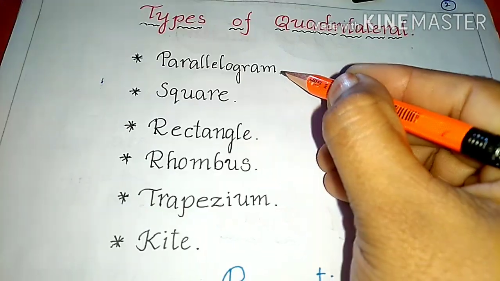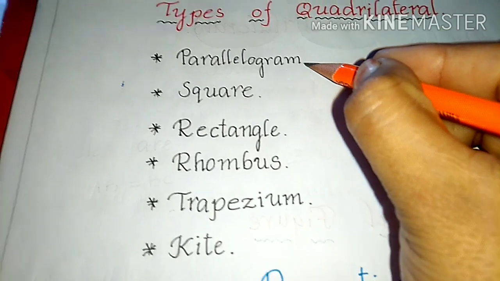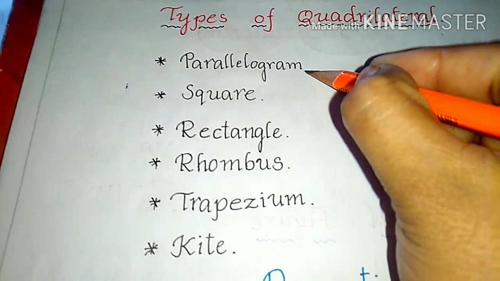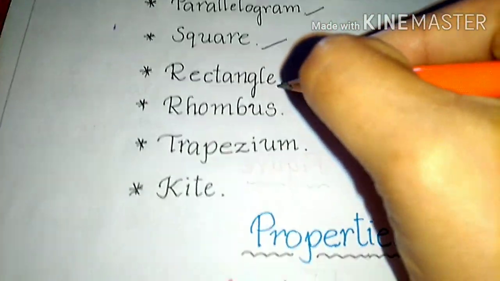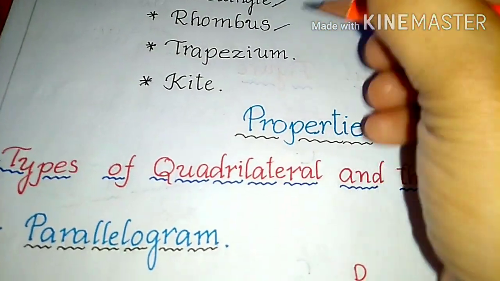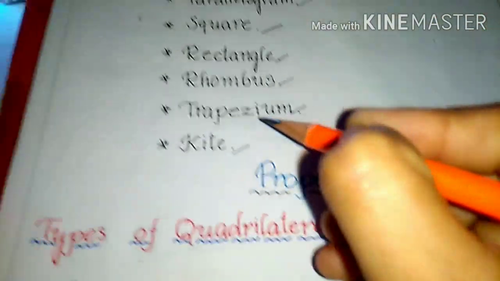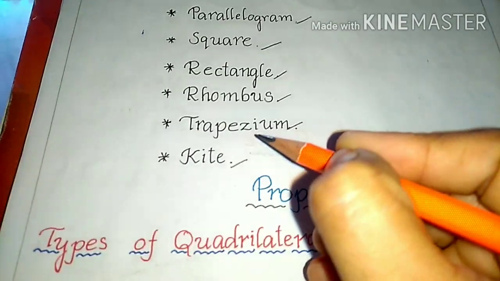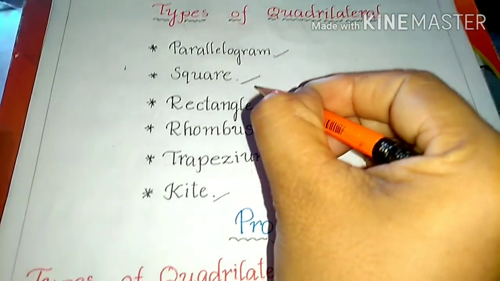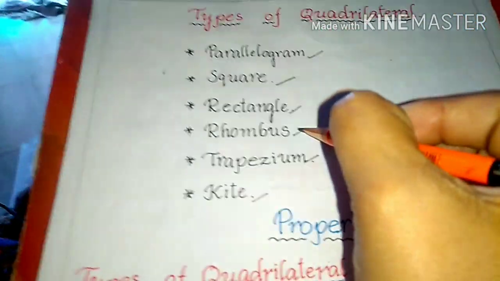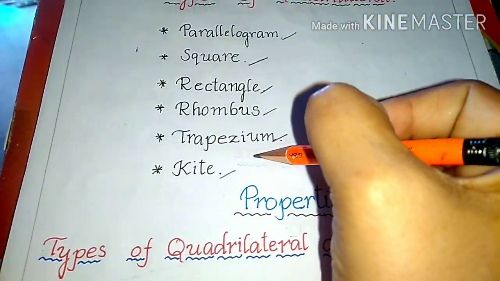The types of quadrilateral are parallelogram, square, rectangle, rhombus, trapezium, kite. Sorry, 6 types are there. These are the types of quadrilateral.